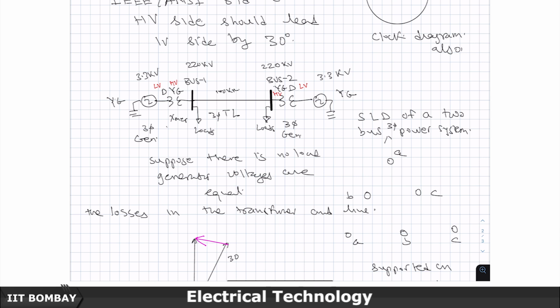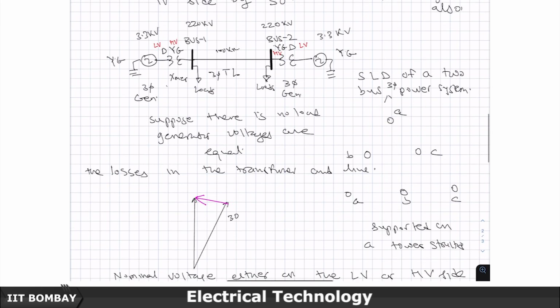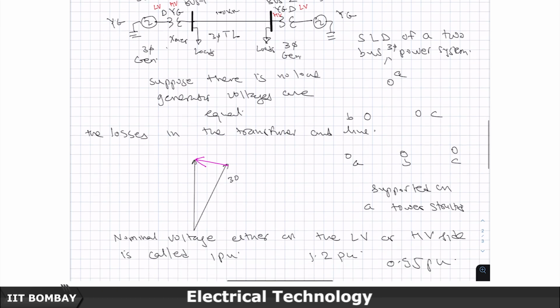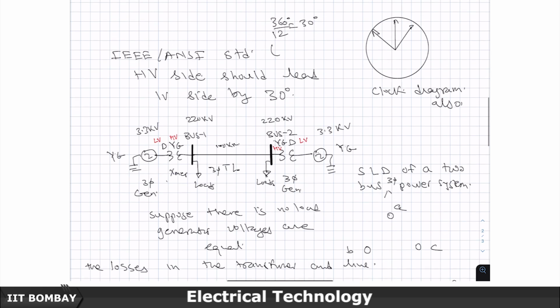Okay. So, coming back to this, if, let us say, while going from primary to secondary, a 30-degree phase shift happens, then going from LV to HV, what we have said is that HV should lead.